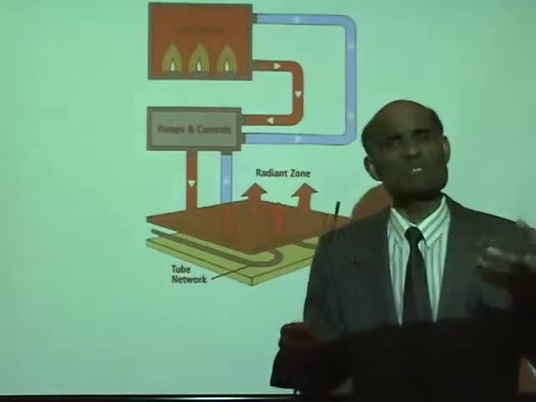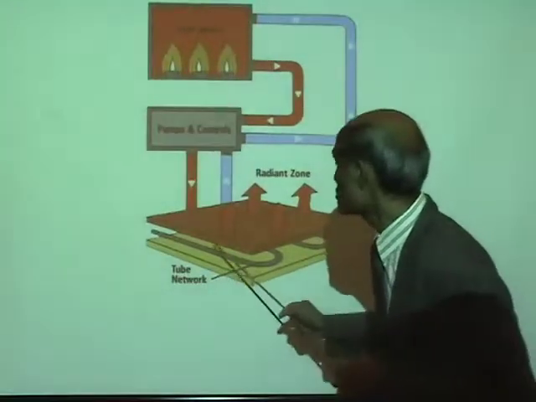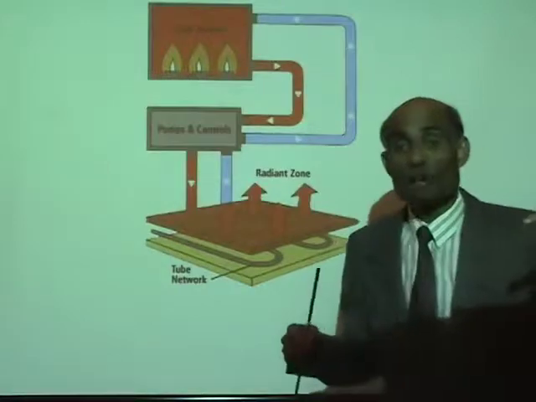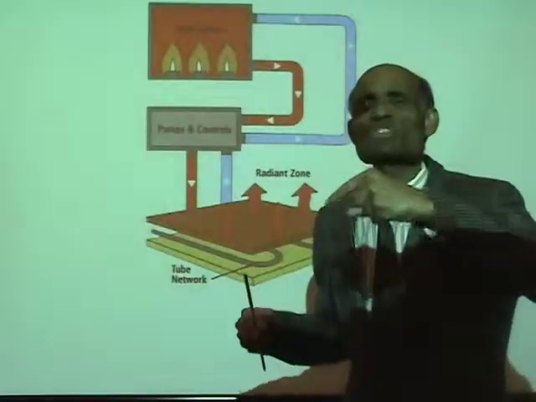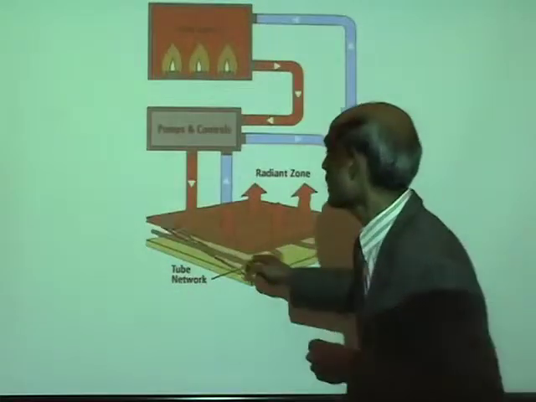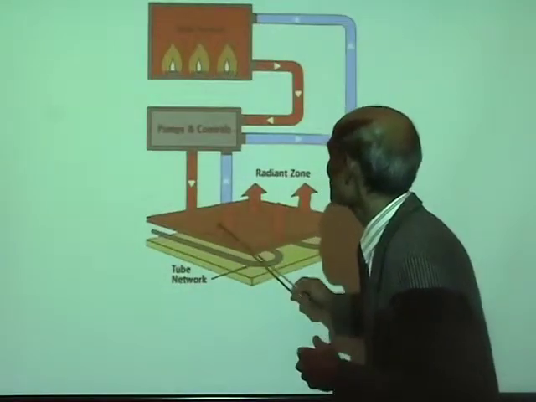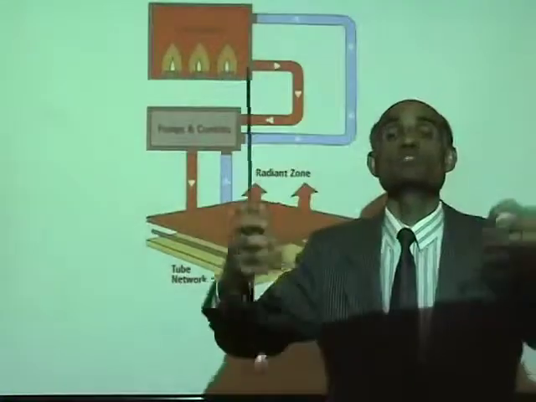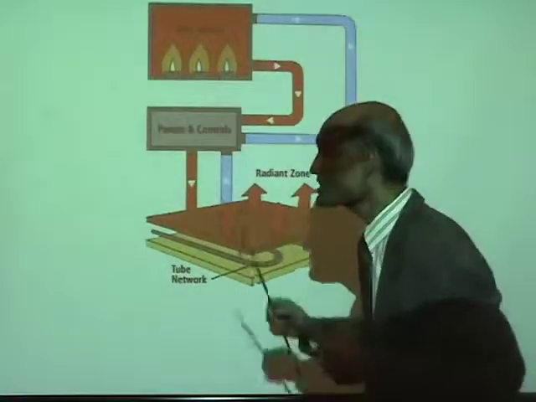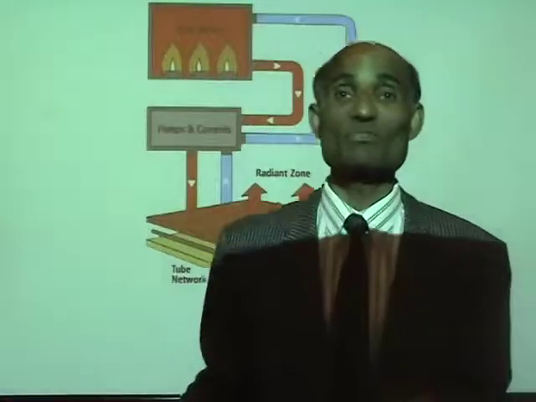Well, rather expensive houses. The tube network, the hot water is allowed to flow through a kind of plastic tubes. Now the heat is actually absorbed by the panel above and radiated into the room. That's a very efficient way of heating rooms.